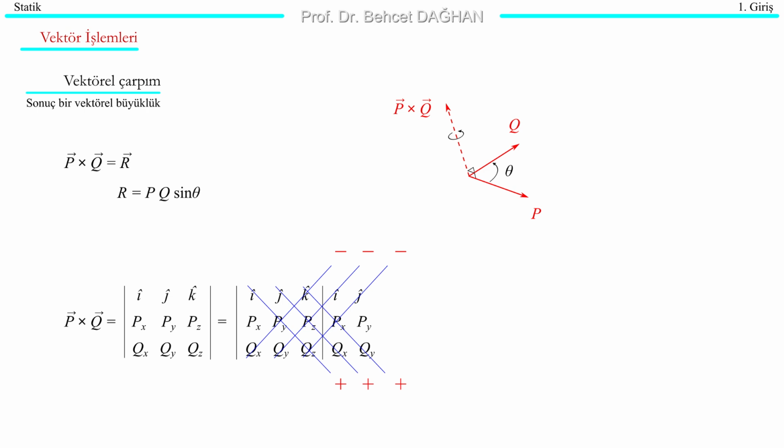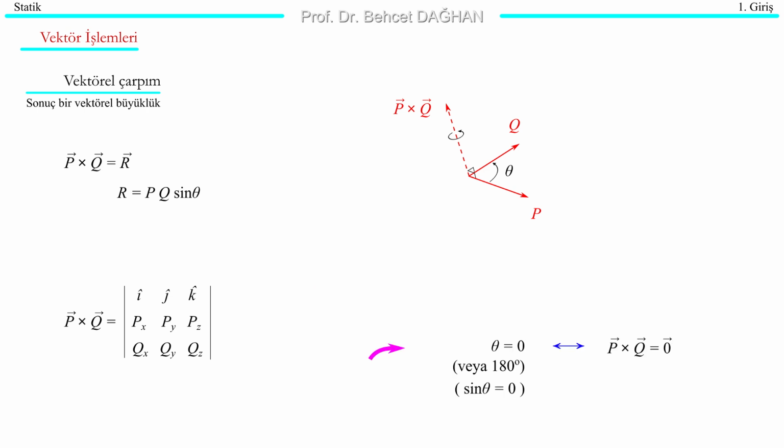If the angle between them is 0 or 180 degrees, since sine 0 or sine 180 degrees equals 0, the cross product of these two vectors is equal to 0. P times Q is 0. The opposite is also true.